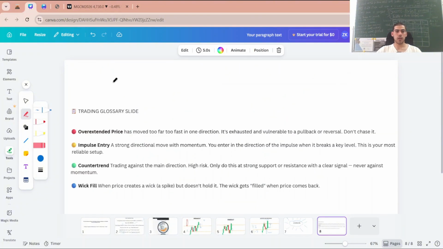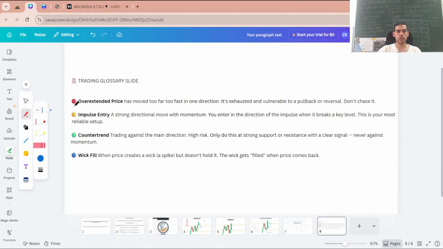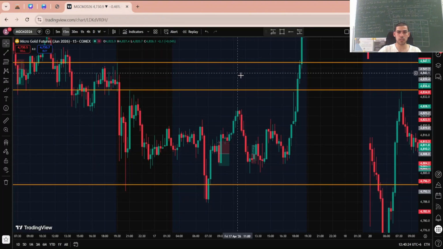So finally, I wanted to speak about this a little bit because a lot of traders asked me to explain these words. What does it mean, these little concepts? For example, overextended price. Overextended price is simply when price has moved in one direction for quite a time.